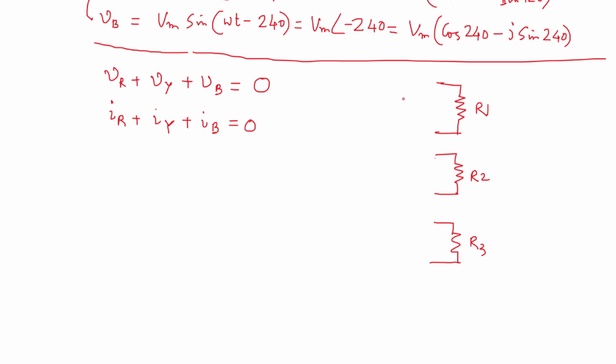Now we are giving supply to each resistance by three individual sources like this. This is V1. Again we are supplying resistance 2 from the source V2, and we are giving the supply to R3 from the supply V3.